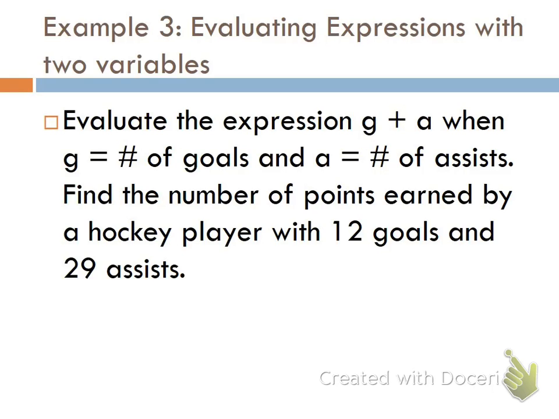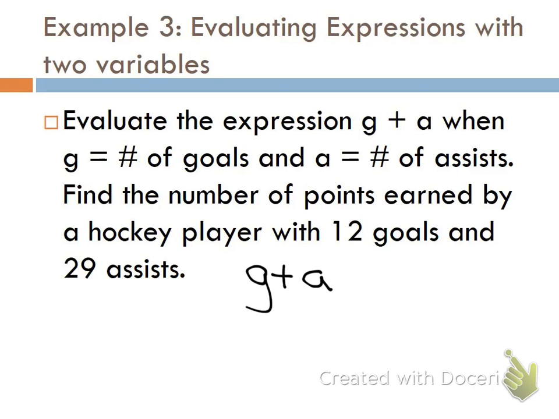In this case, we have an ice hockey example that says to find the total number of points for the expression G plus A when G equals the number of goals and A equals the number of assists. Find the number of points earned by a hockey player who had 12 goals and 29 assists. All right, so here's what I start with, my original expression. What's the expression that I'm using here? There we go. Very good, Venetia. G plus A.